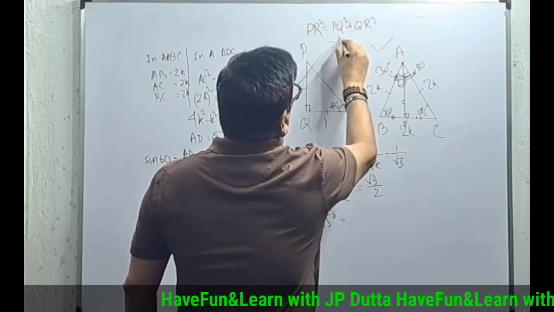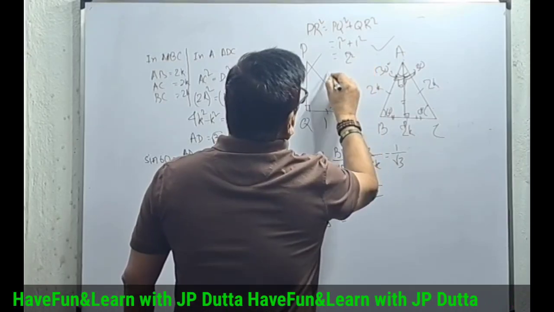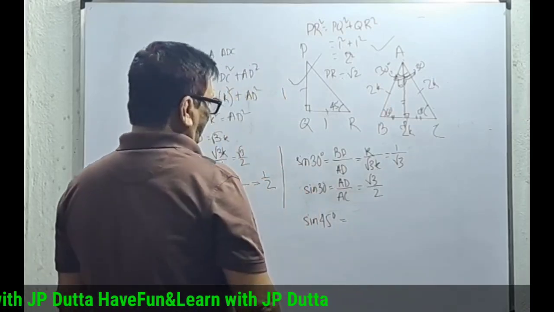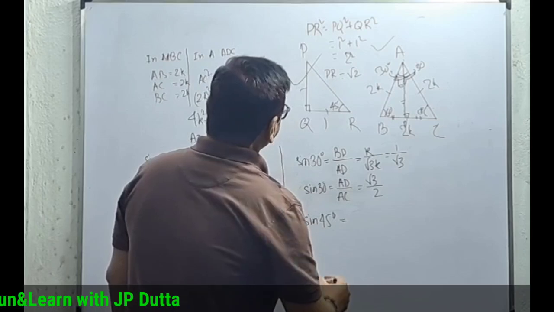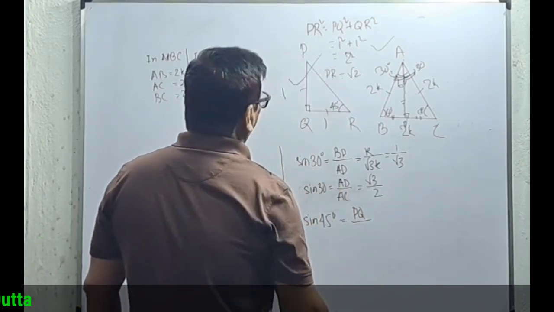So it is 1 square plus 1 square is equal to 2. So PR is equal to root 2, right? So we get here PQ by PR.